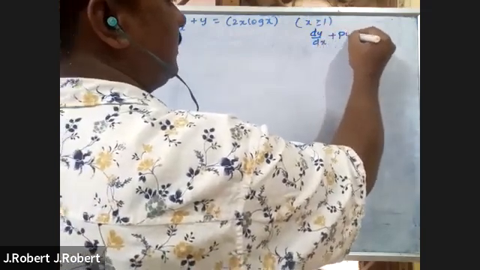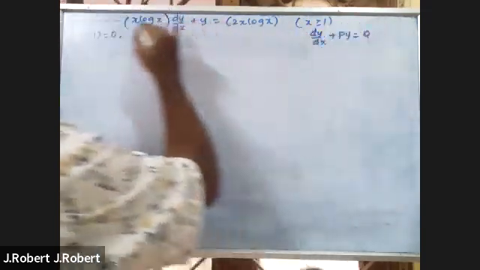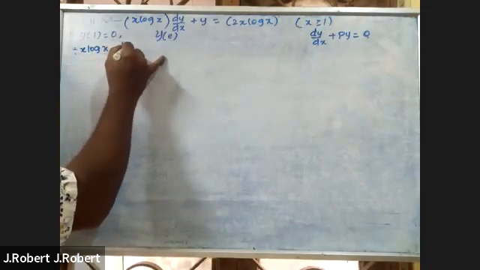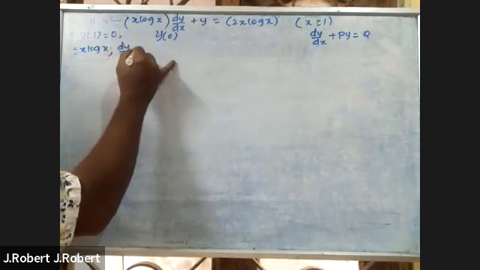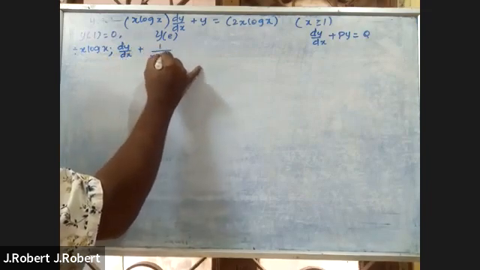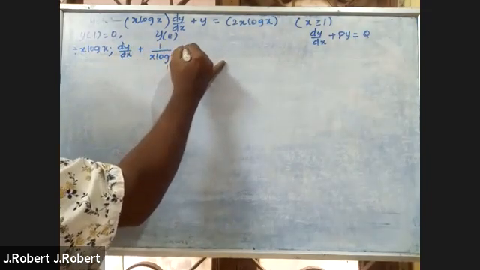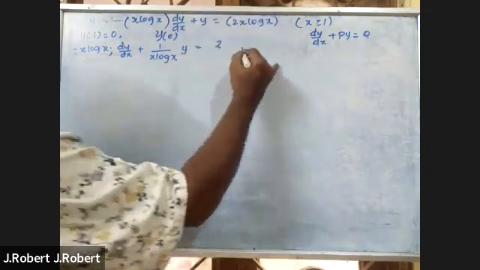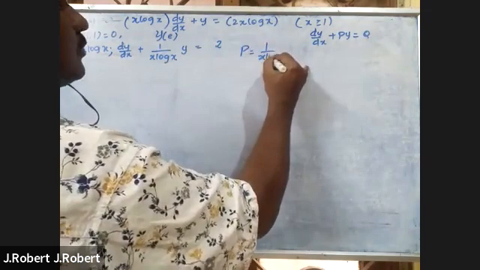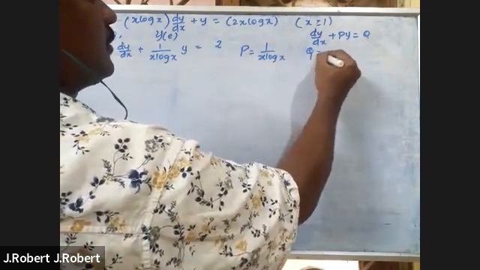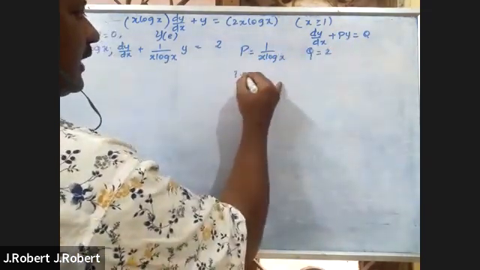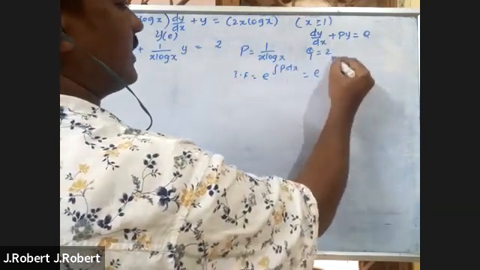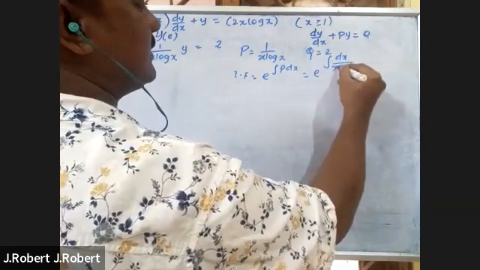Dividing throughout by x log x, dy by dx plus 1 divided by x log x into y equals 2, as x log x cancels. From this, P is equal to 1 by x log x and Q is equal to 2.